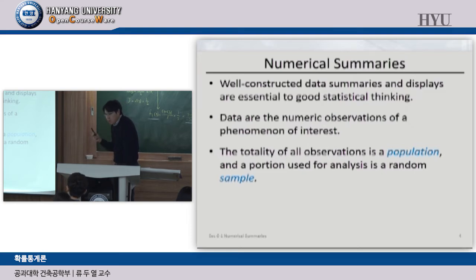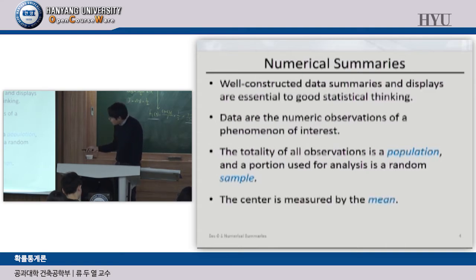And a portion of the population which is used for the analysis is a random sample, okay? So the total of observations is a population, and a portion of the population is the random sample. So the random sample is included in this population, okay?